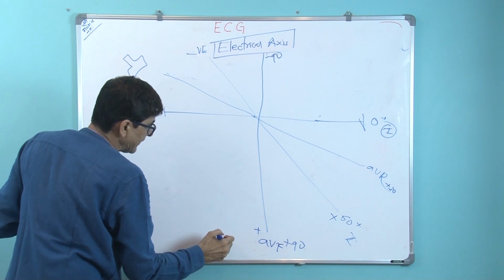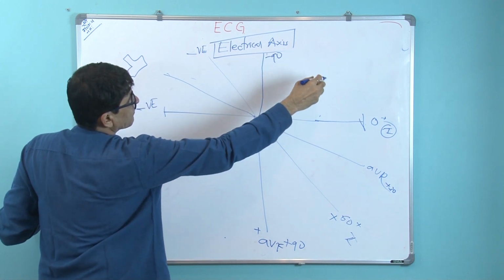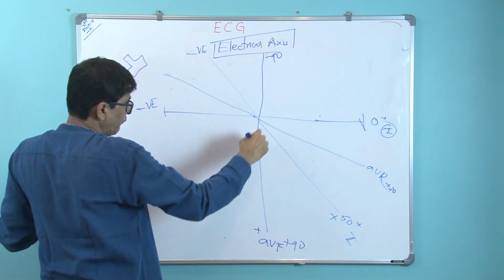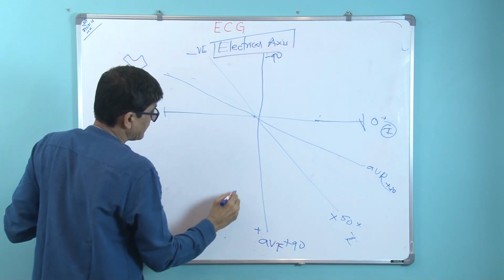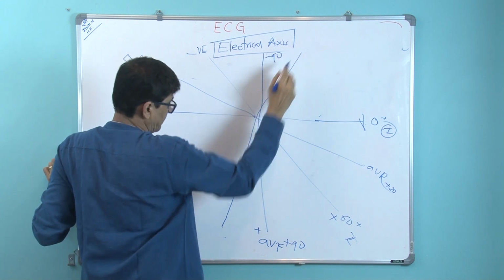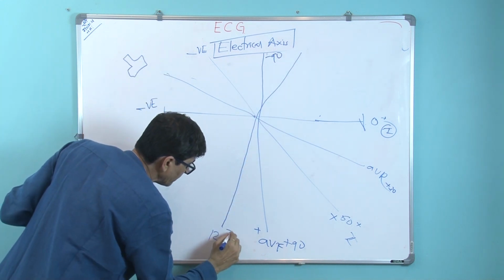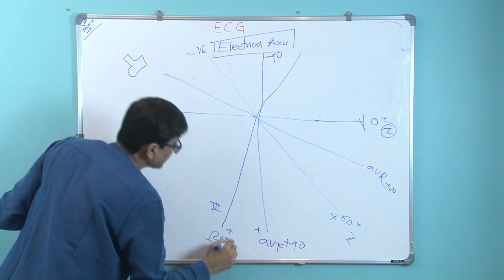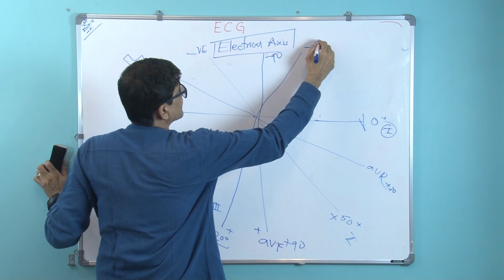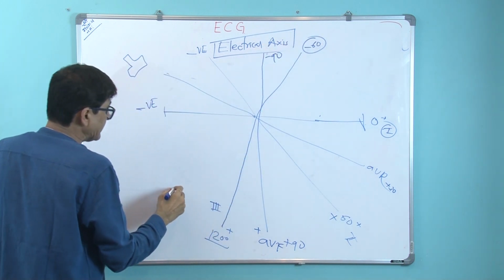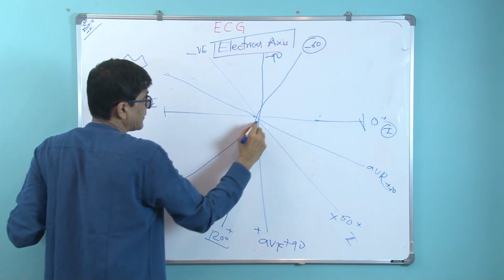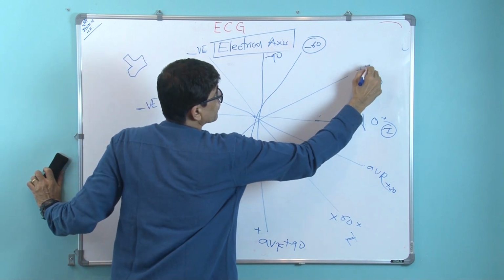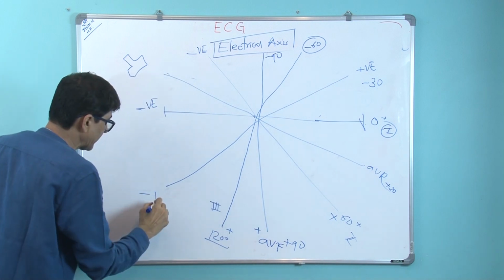So, lead 3 will be 120 positive, lead 3 is 120 degree, and negative is minus 60, and this is AVL, minus 30, but it is positive here and negative here.